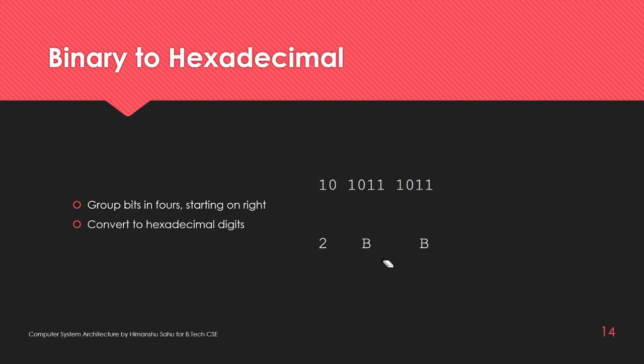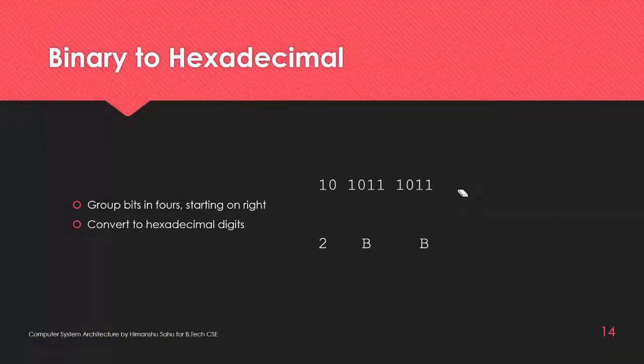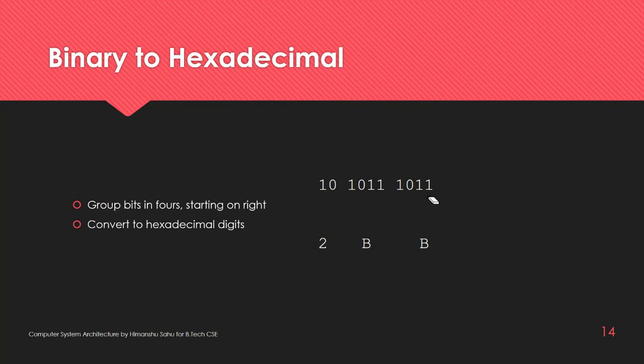Similarly, for the hexadecimal equivalent, in this particular case you have to take the four bits, convert them into the equivalent decimal, and then write the equivalent symbol. In decimal we have to convert first, because 1011.